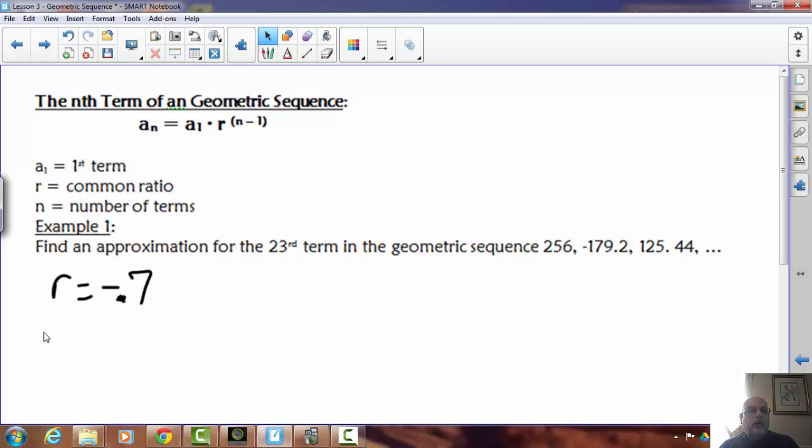We know our first term is 256, and our n, we're looking to find the 23rd term.